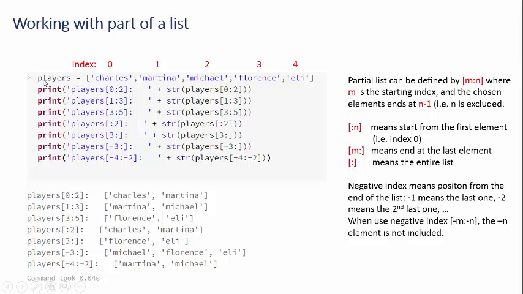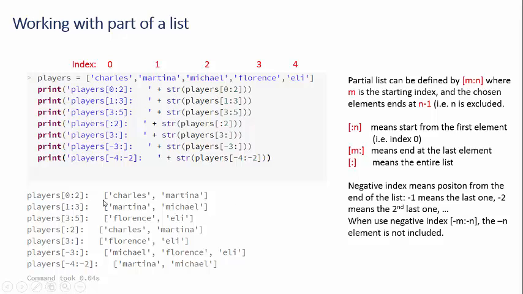For example, we know the players list has 5 different elements, 5 names, and their indices are 0, 1, 2, 3, 4. So then players square bracket 0 colon 2 indicates the players starting at index 0, and the index 2 is the end of this partial list, but index 2 is actually not included in it.